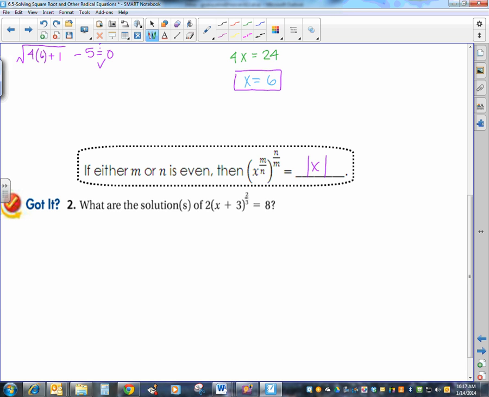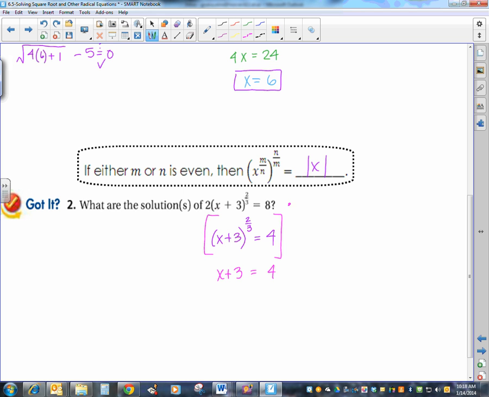So that's going to give me x plus 3 to the 2/3 power equal to 8 divided by 2, which is 4. Okay, now what power am I going to raise it to? As you see up here, we're raising it to the reciprocal, because when you multiply a number by its reciprocal, then we get 1. So this is going to give us x plus 3 equals 4.